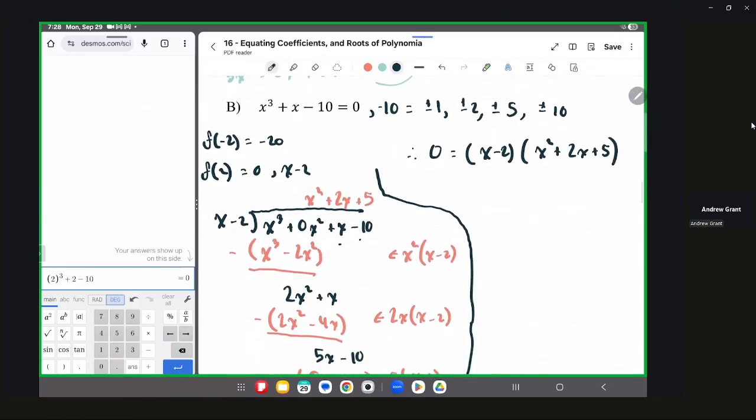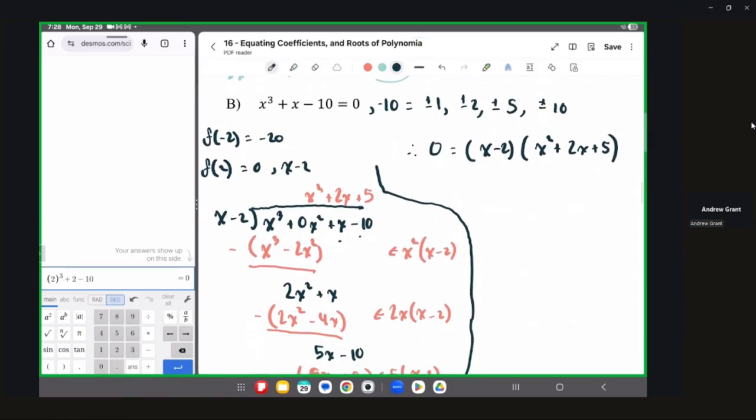However, in the case of letter B, we now have to factor x squared plus 2x plus 5, but I cannot think of numbers that multiply to make 5 and add to make 2. So we have to use the quadratic formula there.